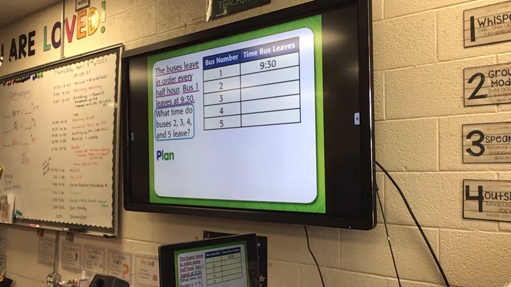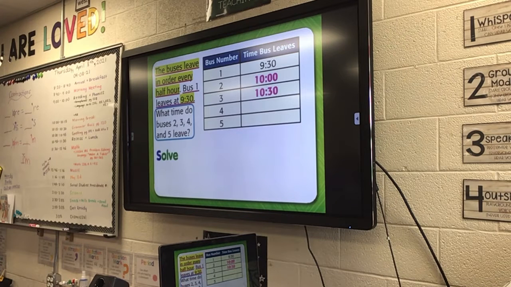Now we need a plan to solve the problem. We can make a table. Now it's time to solve the problem. The problem tells us that the buses leave in order every half hour. Bus 1 leaves at 9:30. So, bus 2 will leave a half hour later at 10 o'clock. Bus 3 leaves a half hour later at 10:30.